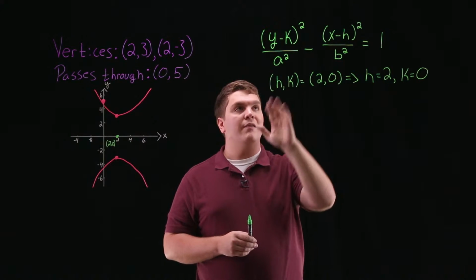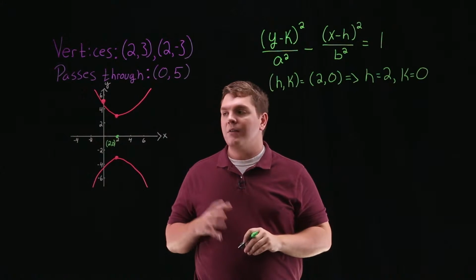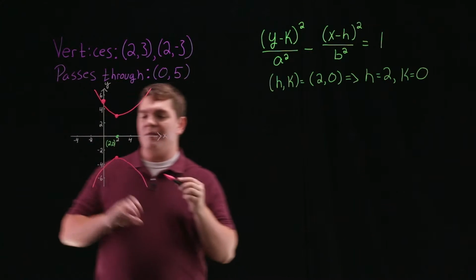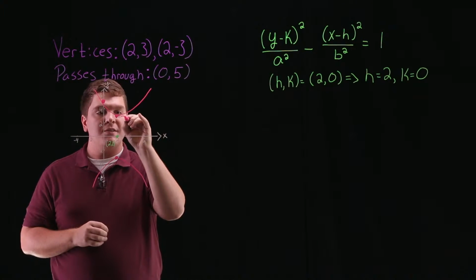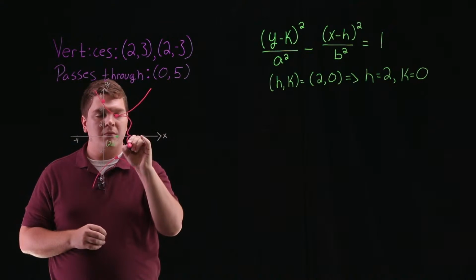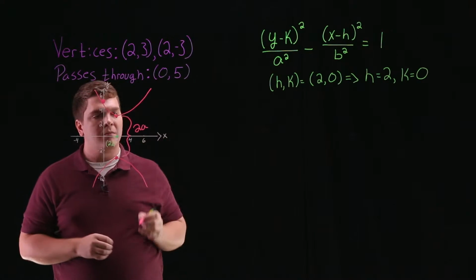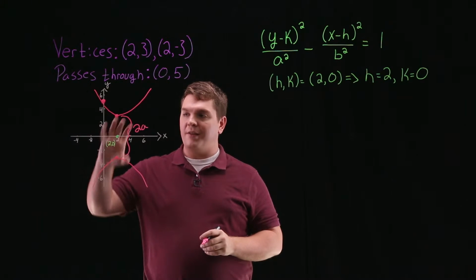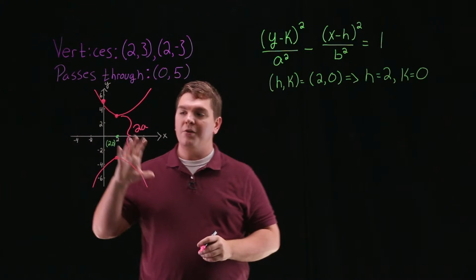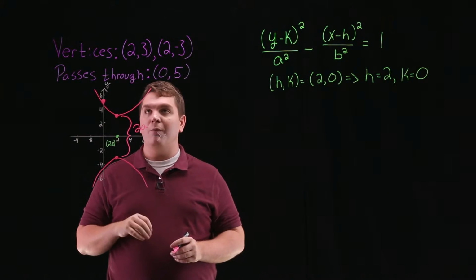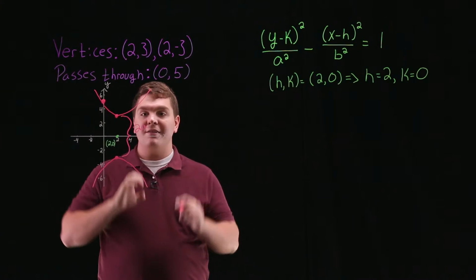So now we found both h and k. Now our next task will be to find a and b. So something else that you want to recall is that the distance between the two vertices is 2a. So thinking about the distance between these two vertices, we can use the distance formula or just look at the graph, and what we'll see is that this distance is 6.